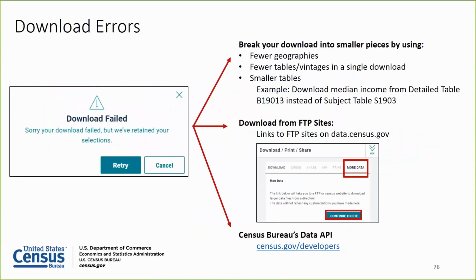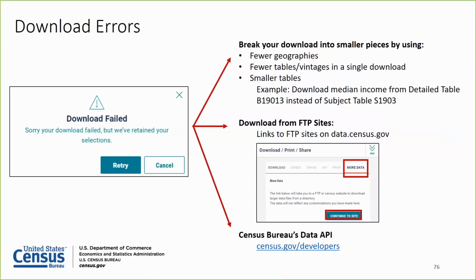We are working on our downloads that we've talked a little bit about, but we're in the process of trying to correct some problems with that. You do get the downloads failed at times. Some ways around that, if you've experienced that: break up your download into smaller pieces, maybe using fewer geographies, fewer tables, maybe a smaller table if necessary.